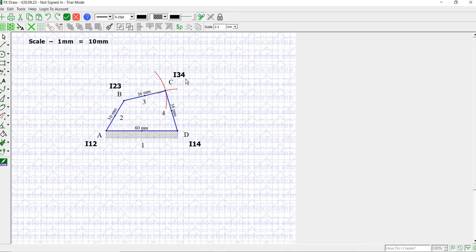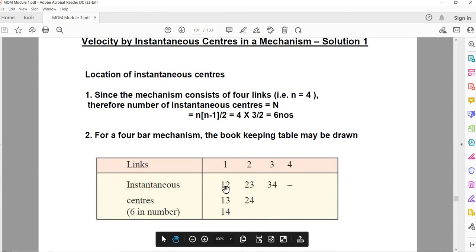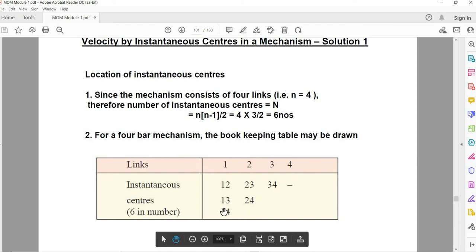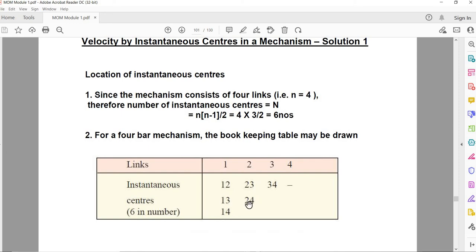Now for the remaining instant centers: I12 is located, I14 is located, I23 is located and I34 is located as per the diagram. The instant centers I13 and I24 we are yet to determine.